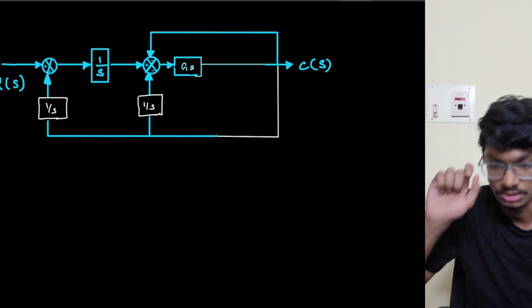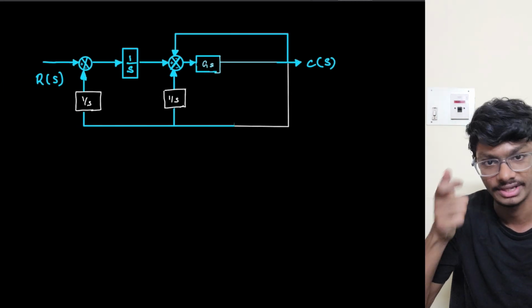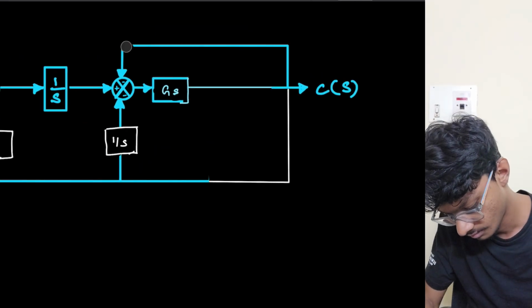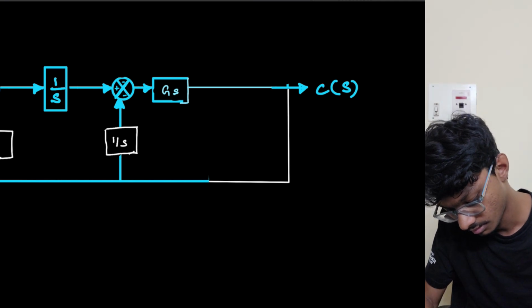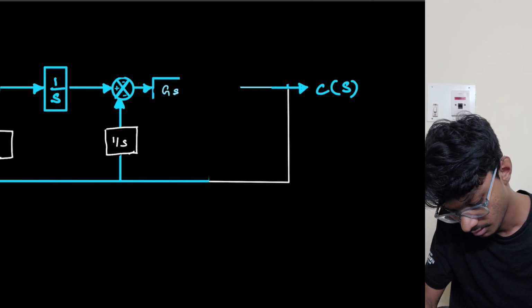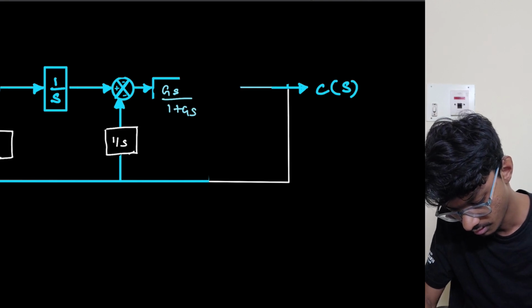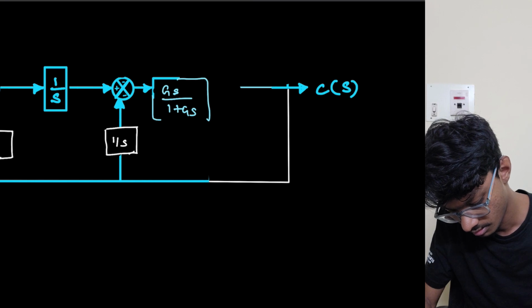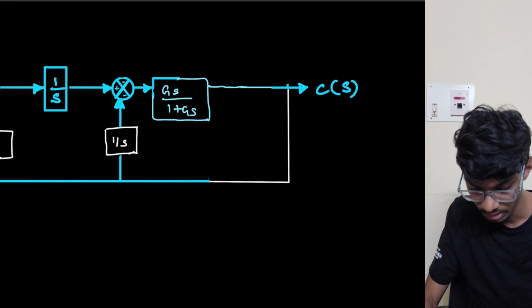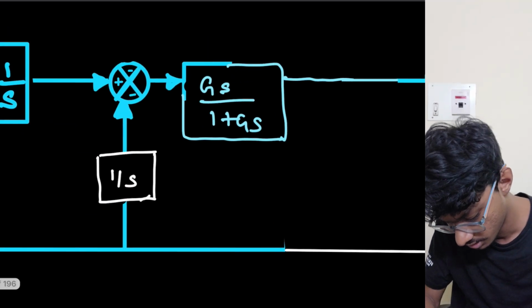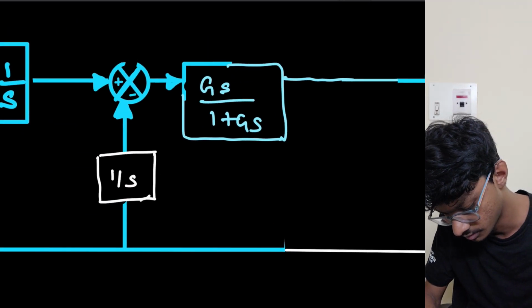This will be Gs by 1 plus Gs, because H is 1. Okay, now, this negative feedback, that's why we use this formula.